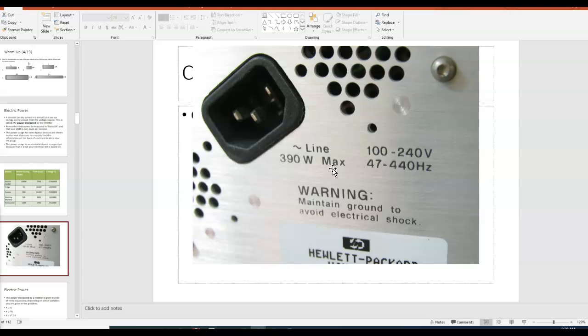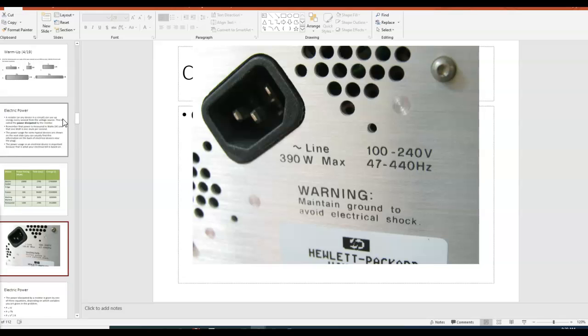That means a maximum of 390 watts of power based off of the power supply in this device, and it's meant to work with between 100 to 240 volts of voltage. So next time you're looking at your phone charger or an AC adapter, some random electrical appliance, see if you can find the wattage. It's typically listed somewhere on the back by the plug.